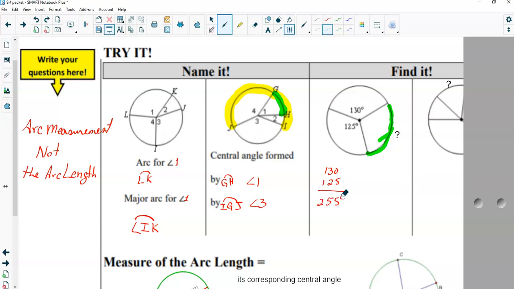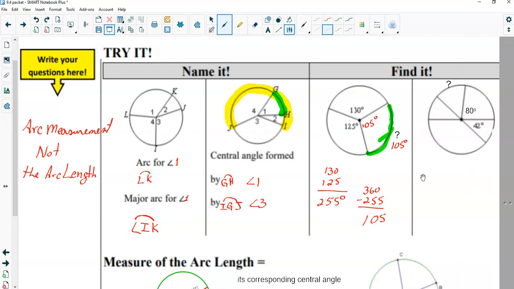We'll take that number and subtract from 360, and that will give you the arc measurement, which is the same as the central angle, right? So 360 minus 255. That's 10 minus 5 is 5. We got 0 over here, and 3 minus 2 is 1. So this is 105 degrees. So the arc measurement is also 105 degrees, okay?